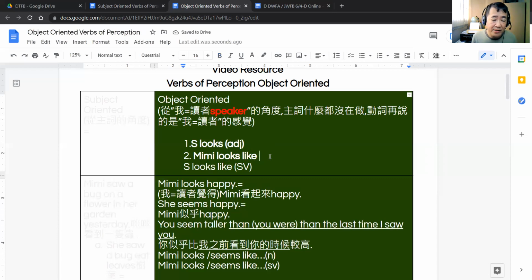Well, if Mimi looks happy, then she looks like a happy person. A happy person is a noun, right? It's a person, so it's a noun. So Mimi looks like what? Mimi looks like a happy person. Okay, so that is the second sentence structure.